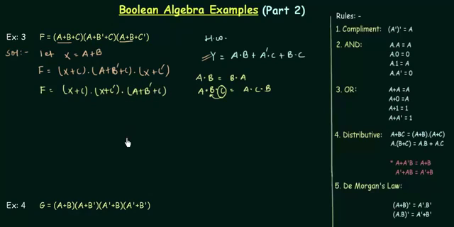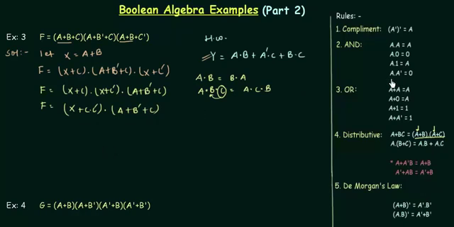Now I will use the distributive law, and you can see a or b and a or c is equal to a or bc. A is common, and here you can see x is common, so the function f is equal to x or c and c complement from the distributive law, and we have a or b complement or c.